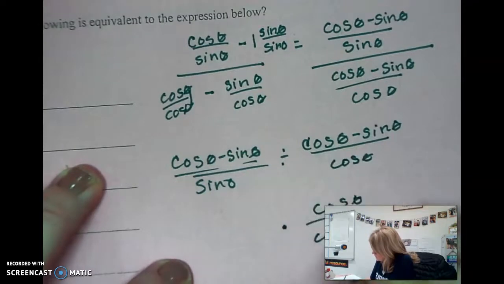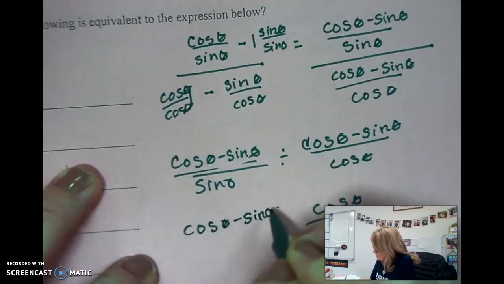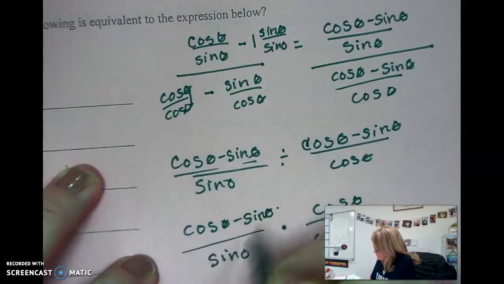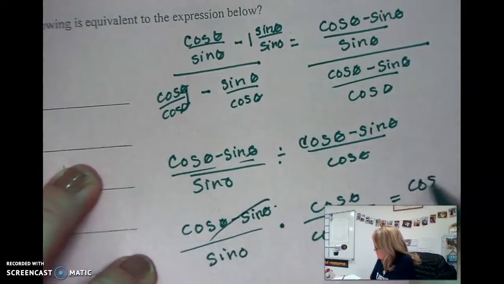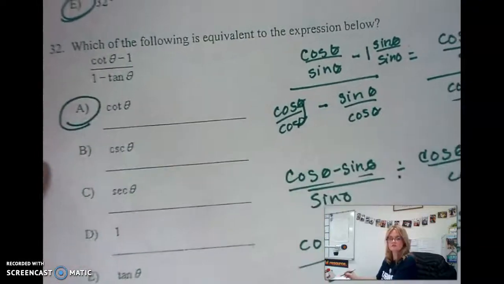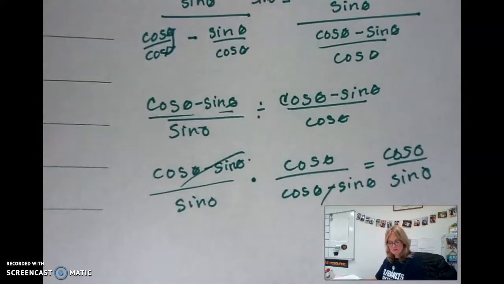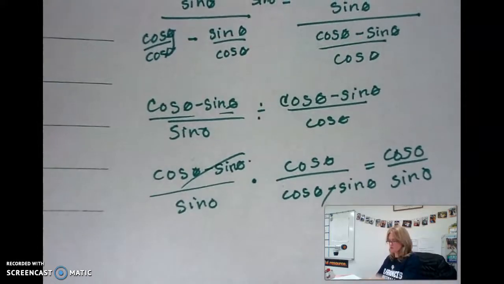So now, with both the top and the bottom of these two fractions, they cancel out. And now I'm left with cosine over sine, and we know that cosine over sine is the same as cotangent. So that was a lot to do for that one problem, but using your identities and swapping everything out.